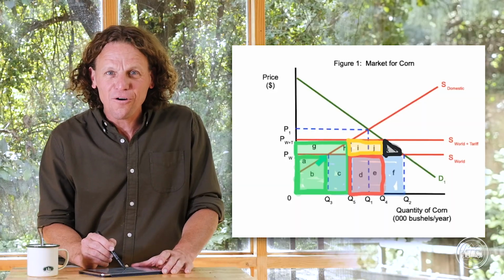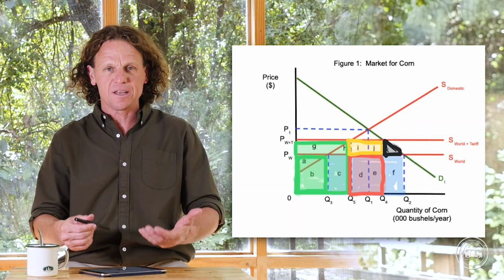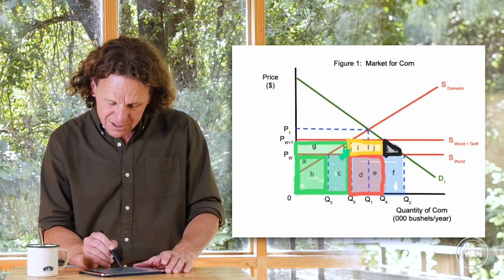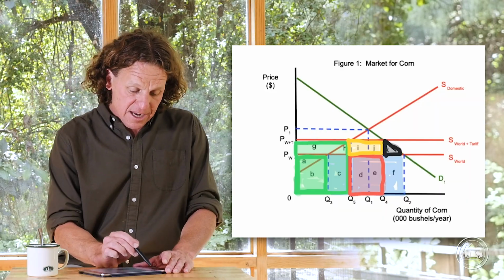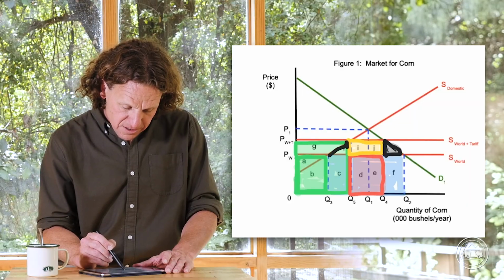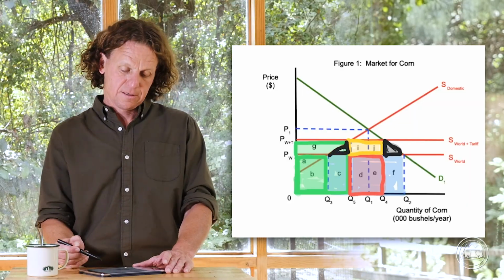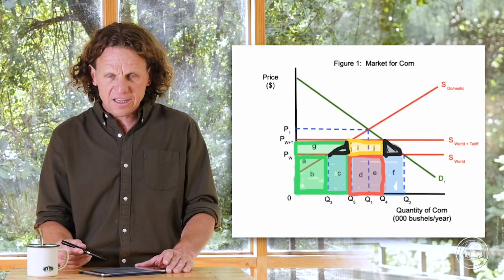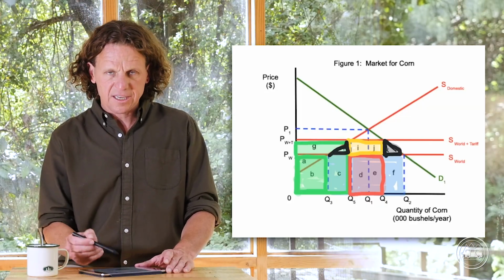But now they're making corn. Why? Because the U.S. government came in and protected them. And so this H right there, which is kind of hidden, H represents another welfare loss as a result of the tariff, because now there's a misallocation of resources of H and K.